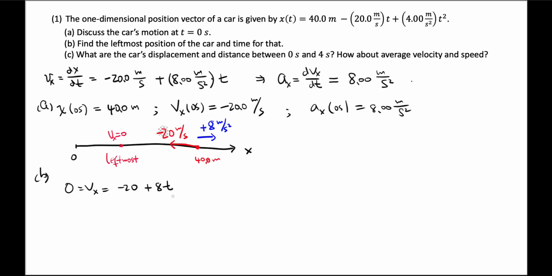But if you keep everything in SI units, you will get the unit naturally from the calculation. So for example, here I can solve for t, and then I get 20/8, which is 2.5 seconds. Now you see I put back the unit. The unit is an SI unit as well, which is second.